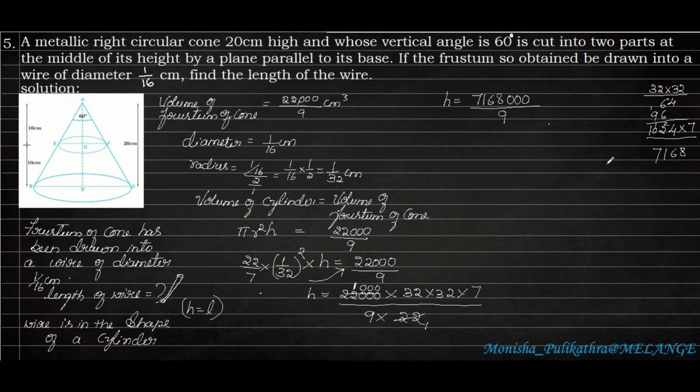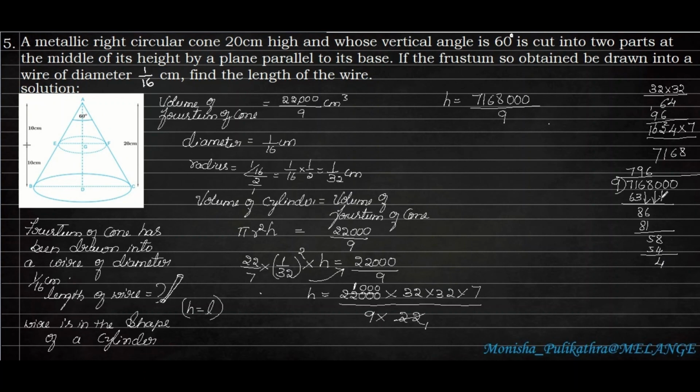So now we need to divide it. 7168000 divided by 9. 9 sevens are 63, 9 eights are 72, so it will be 8, 6. Next 9 nines are 81. Here 5 and then 8 comes down. 9 sixes are 54.